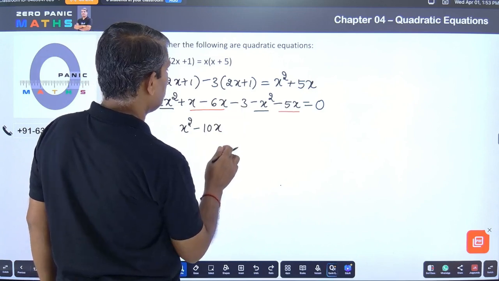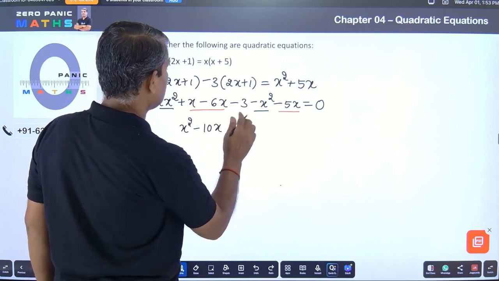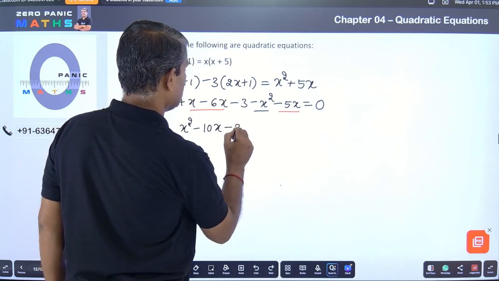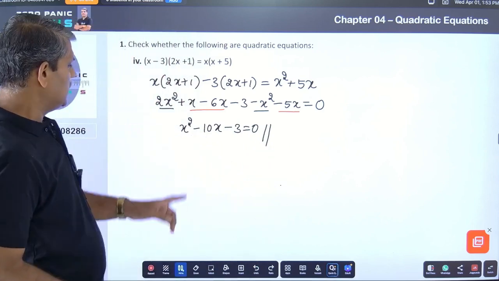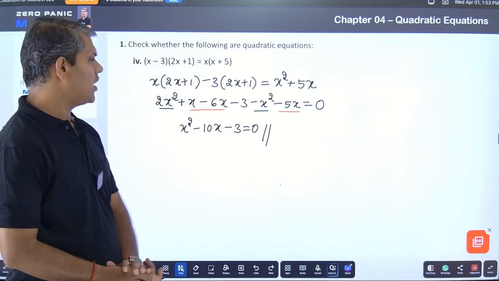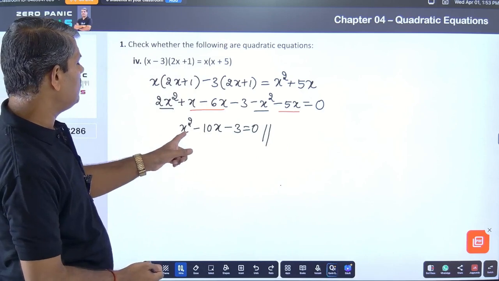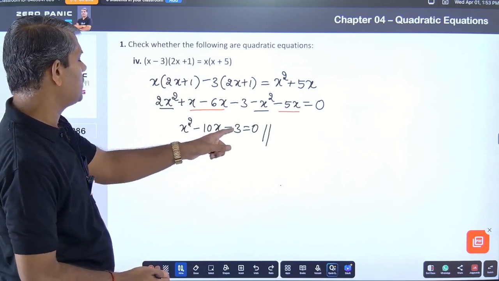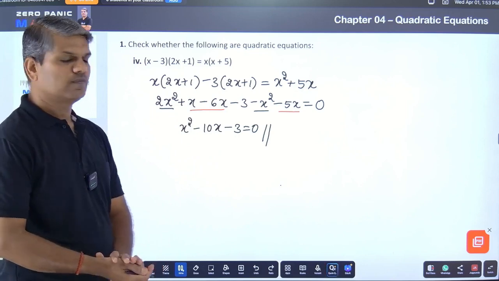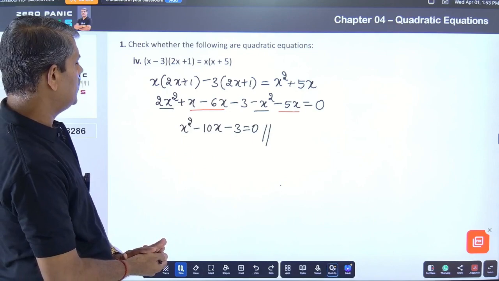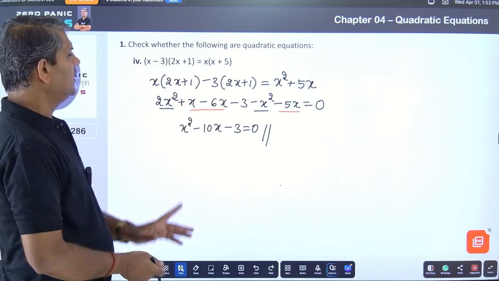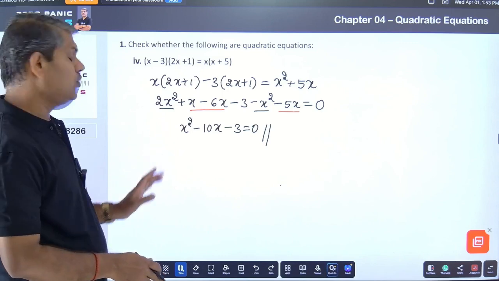So it is minus 3. Any other constant terms? No. So this is minus 3 is equal to 0. So this is a quadratic equation because it is in the form ax square plus bx plus c is equal to 0. Anything left? No. Okay, done. So this is the solution for this.